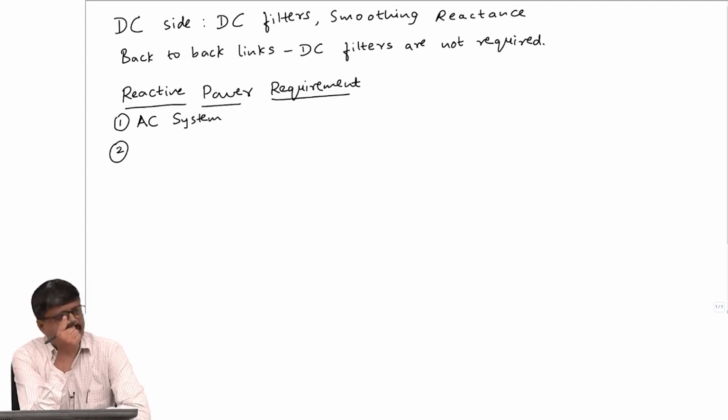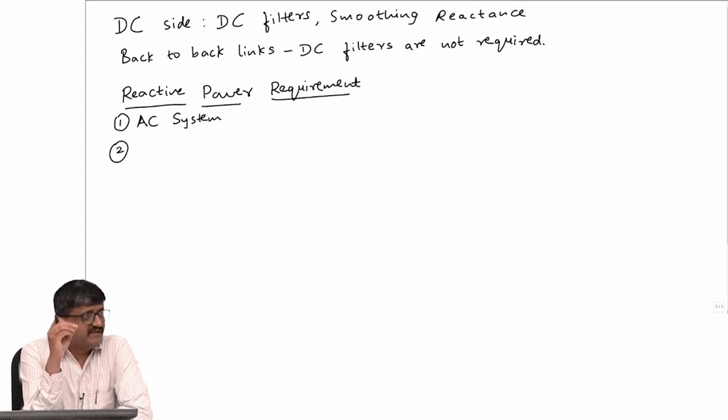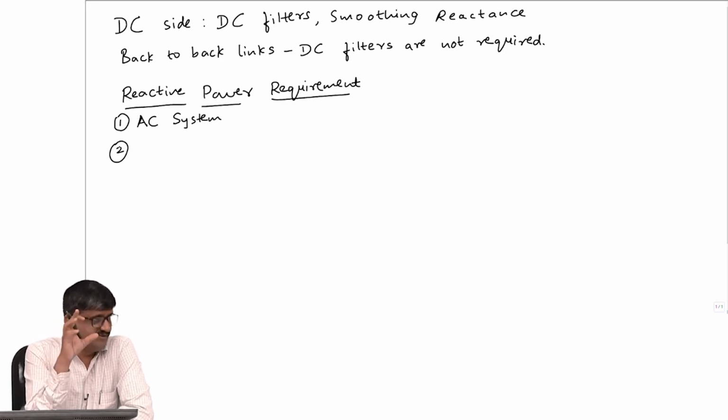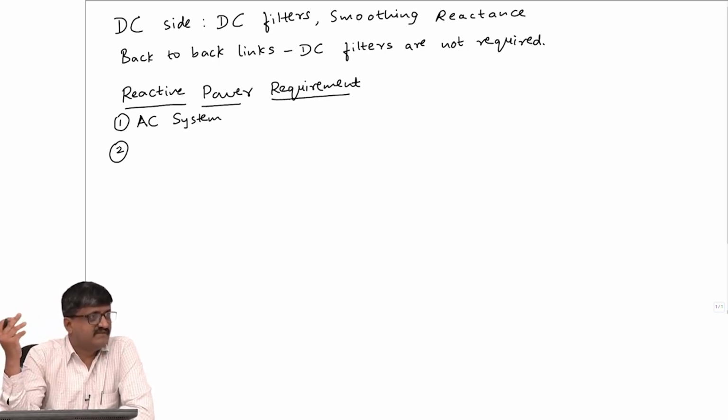What is the expression? Take the square of the fundamental component of the current and multiply it by reactance. So, which one is larger is the question. IF1 square into the reactance at fundamental frequency of the capacitor and of the inductor, the same current flows, they are in series. I think capacitor will be greater.